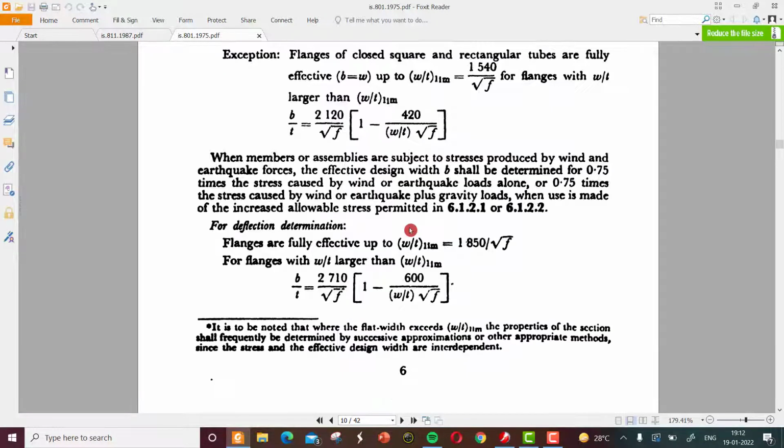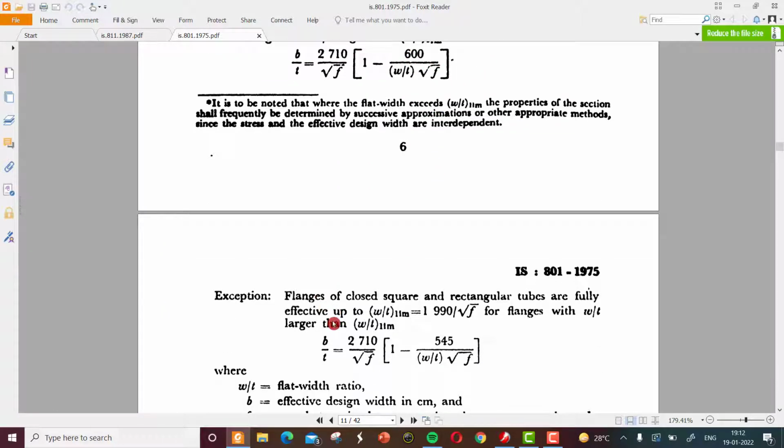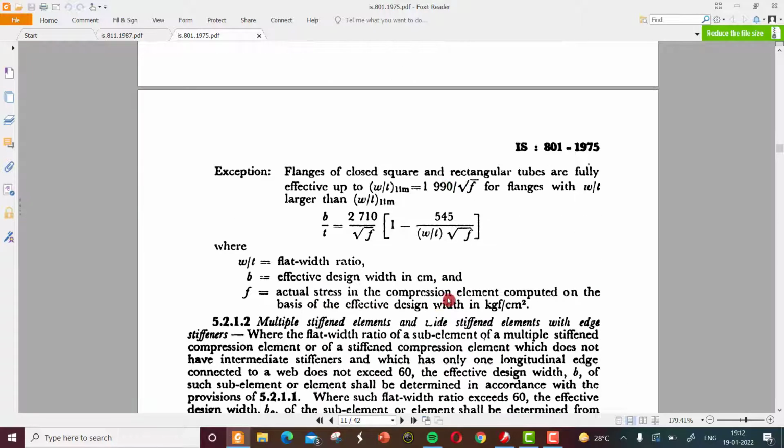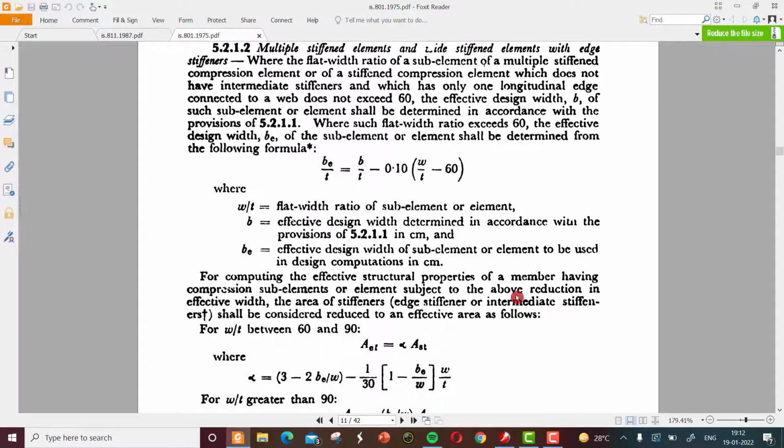Previously it was 2120, and the inner values will change. It means the value inside the bracket will change. And the same for the closed, square, and rectangular sections. So these are important for finding the effective widths which are required for the design as well as for the analysis. And for the multiple stiffened elements, it has some more modification to the equation, and this is not in the syllabus.